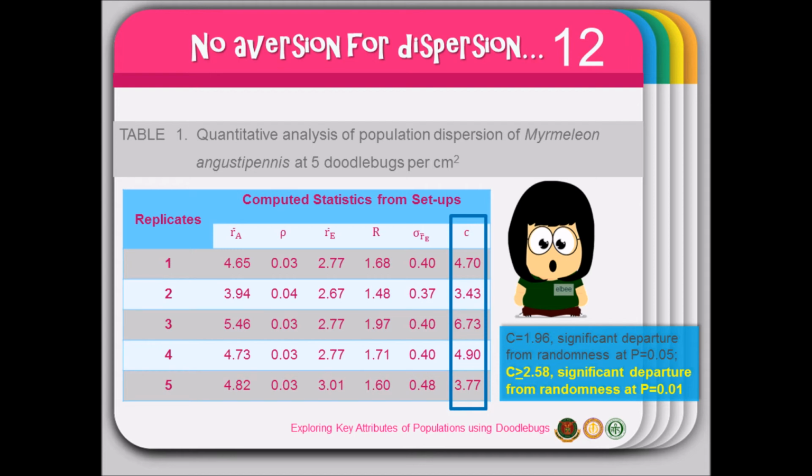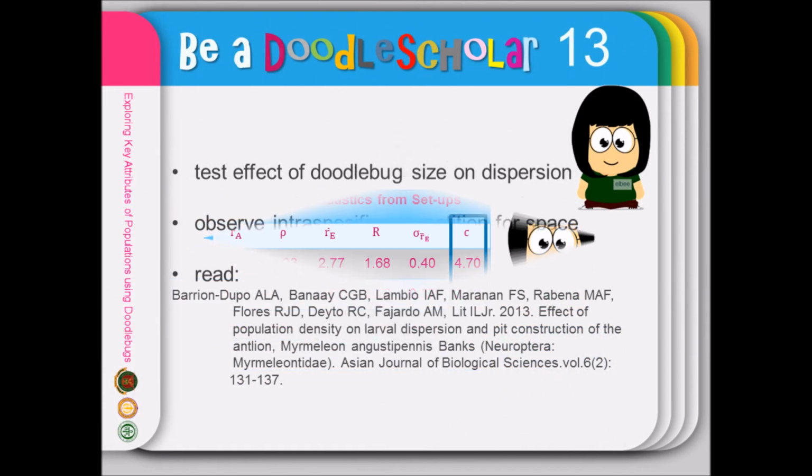Since the values show that C is greater than 2.58, there is definitely a significant departure from randomness, meaning this doodlebug population can exhibit either clump or uniform distribution. However, the R value is not equal to 1, and therefore the type of dispersion is not clump. The next logical option is that this population exhibits uniform distribution.